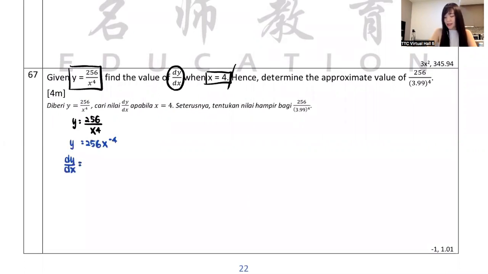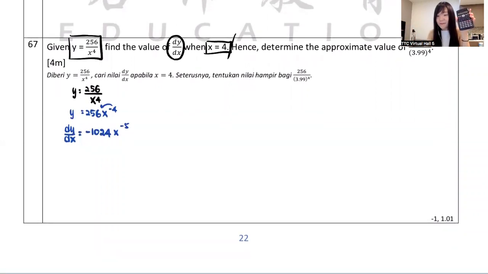dy/dx: remember, times negative 4 and power minus 1. So negative 4 times 256, I get negative 1024. Remember power minus 1: negative 4 minus 1 is negative 5. No need to be scared, it's okay to have negative 5. So negative 1024, bring the power down, it becomes power positive 5.